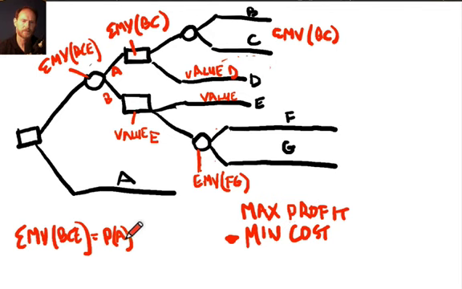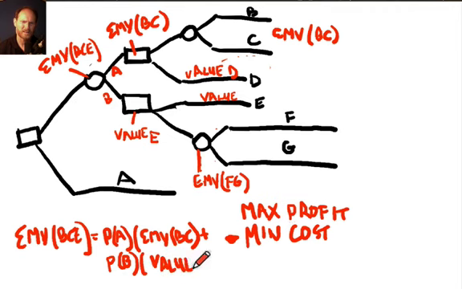So that value, A is a probability, so it would be A times EMV BC plus the same down here. So B, which is a probability, times value E. And that would give us this value here.